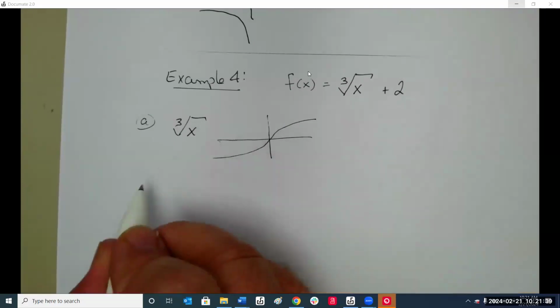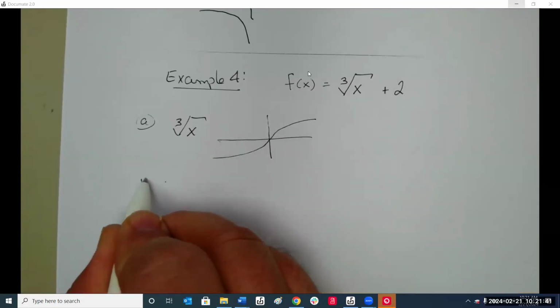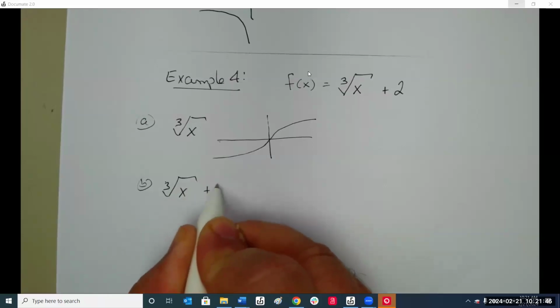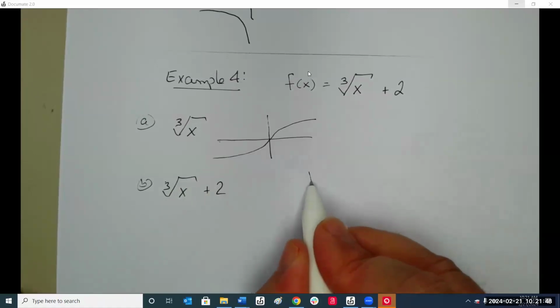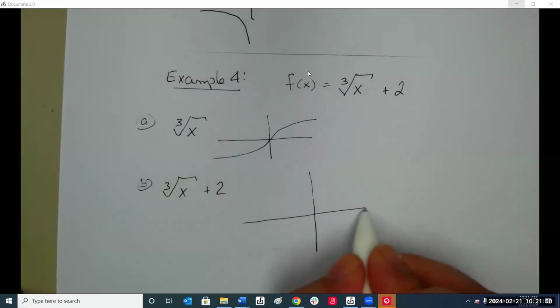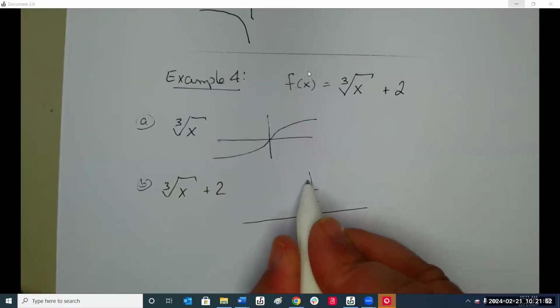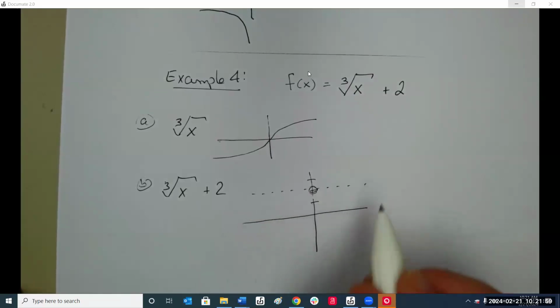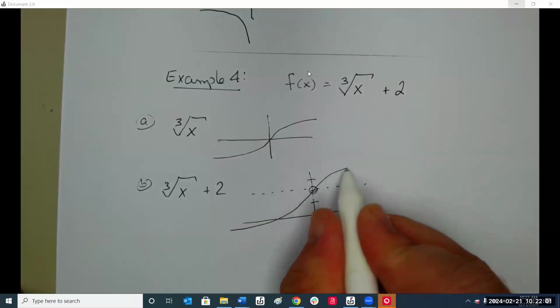There's an outside number. So we do a vertical shift up 2 spaces. So my new origin shifts up 2 spaces. So the graph looks the same.